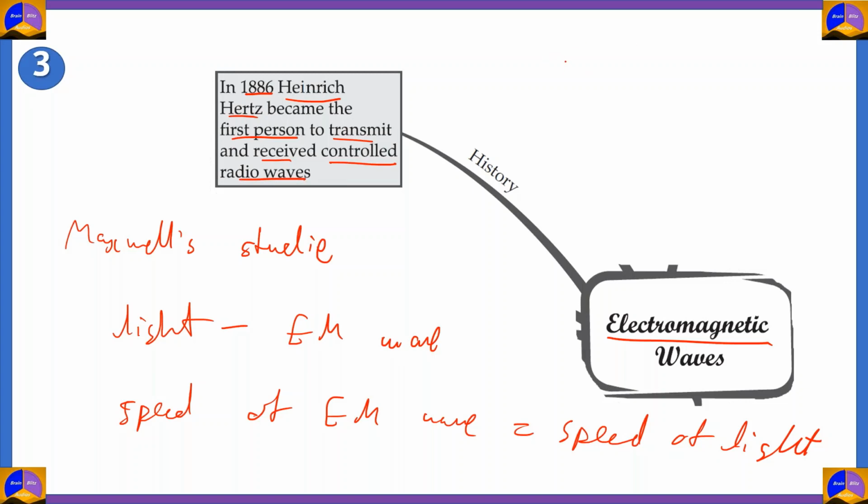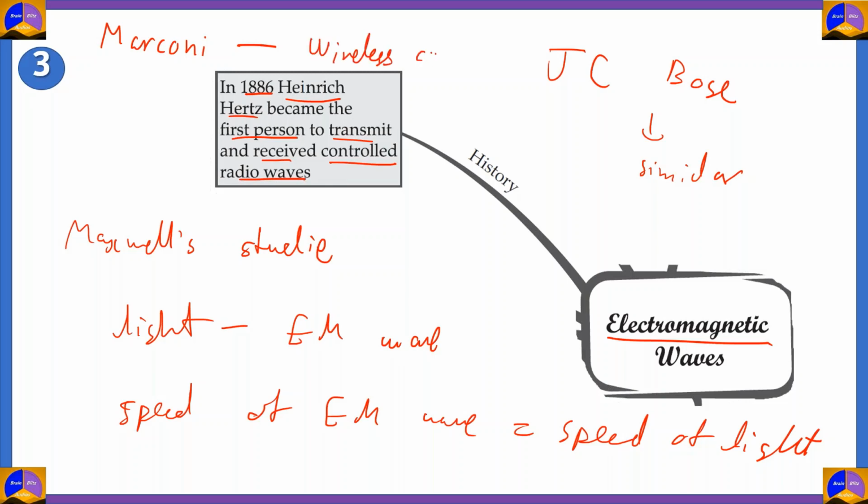And in India, J.C. Bose undertook a similar experiment, while Marconi went on to create wireless communication through the radio. And through that, electromagnetic waves have become a pivotal part of today's communication and entertainment.